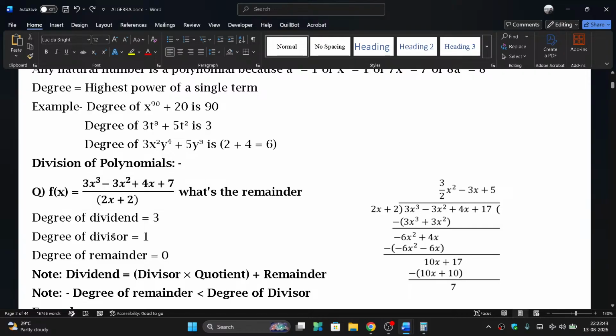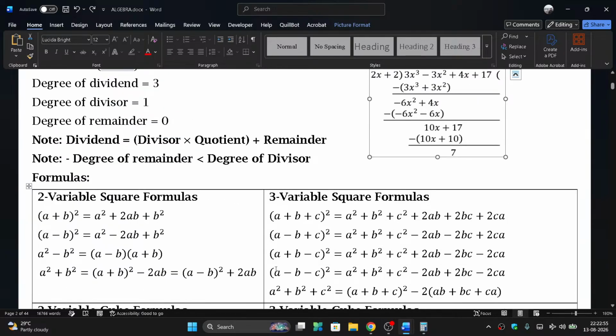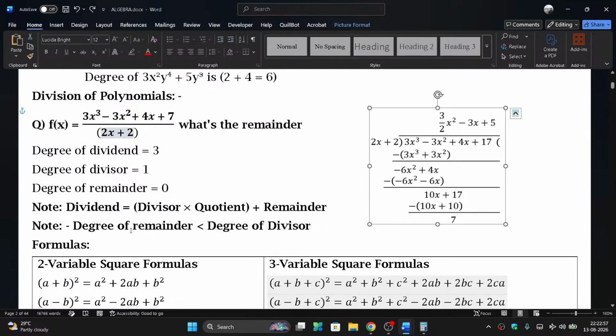Okay, so the degree of the dividend is 3, and the degree of the divisor is 1, because this one is the divisor, this one is the dividend, this one is the quotient, and this one is the remainder. Okay, degree of the remainder is always less than the degree of the divisor.